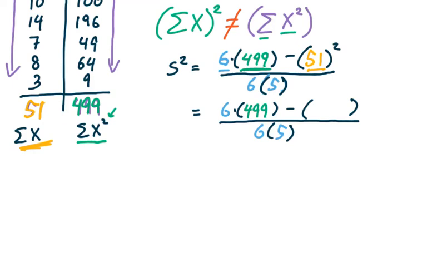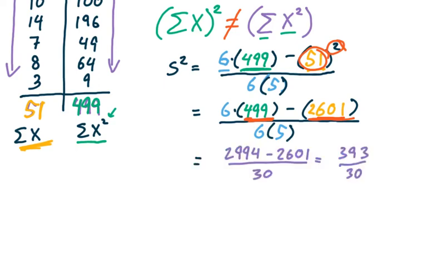I just wanted to draw it to your attention, you don't have to show this middle step if you don't want to. When I take the x values and add them all up and then square it, the result is drastically different from squaring the values first and then adding them all up. So just watch out for that.